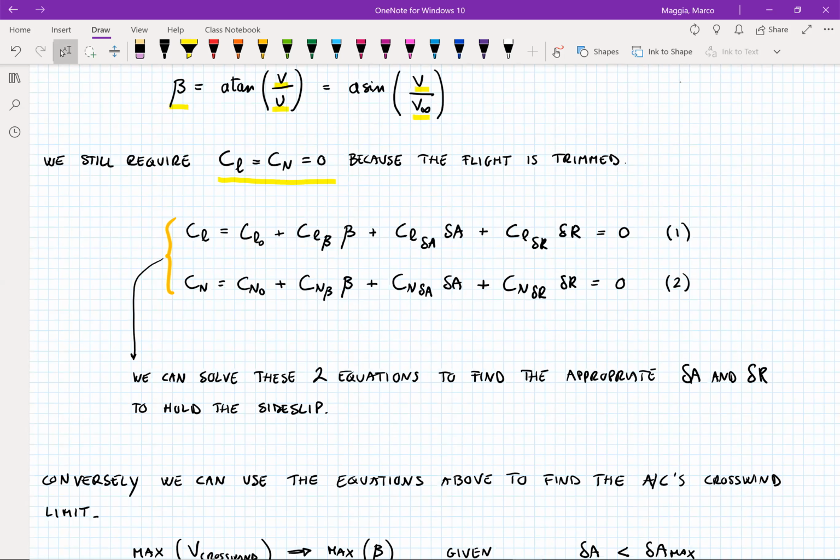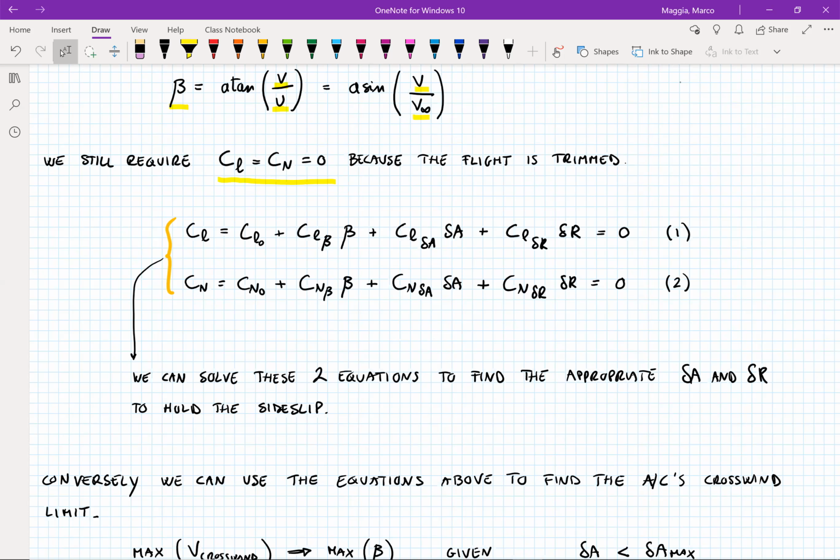Given a particular side slip angle, as we saw, you can come up with the proper delta A and delta R as control inputs to maintain that side slip angle. But we can use these same equations to find the maximum amount of crosswind that an airplane can manage.